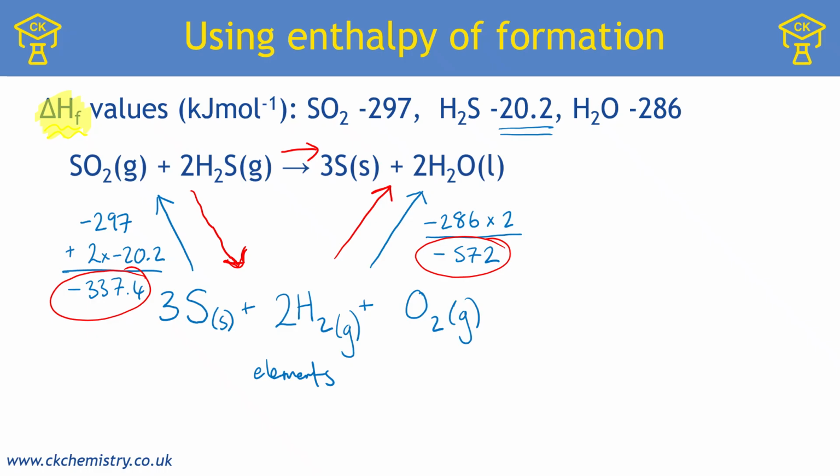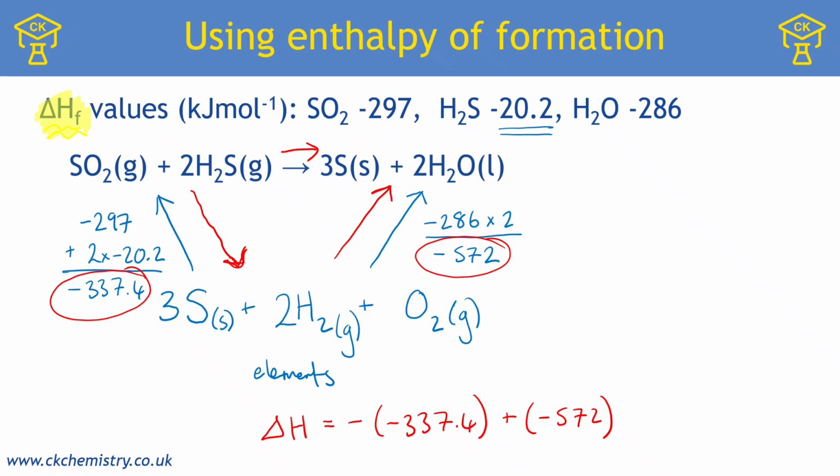And so what I would need to do is change the sign of the one going down, but I would rather that we just write it in front. So what I mean by that is, if I say it's minus minus 337.4 plus minus 572. That might be a bit much, and you might be thinking, well, I'm obviously just going to put plus 337.4.